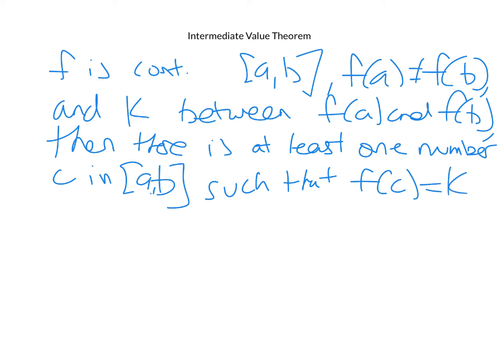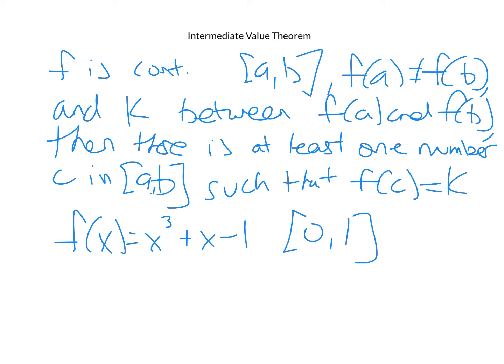All right? So let's do an example of this real quick. If we have f of x equals x cubed plus x minus 1, and we want to use the intermediate value theorem to approximate the zero of the function on the interval of 0 to 1, let's try that out.